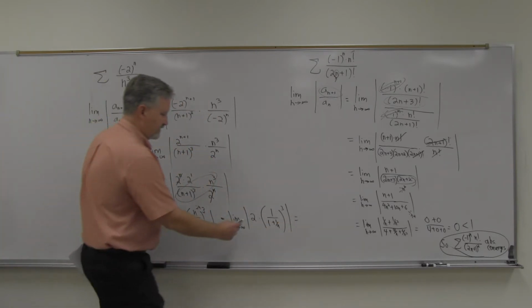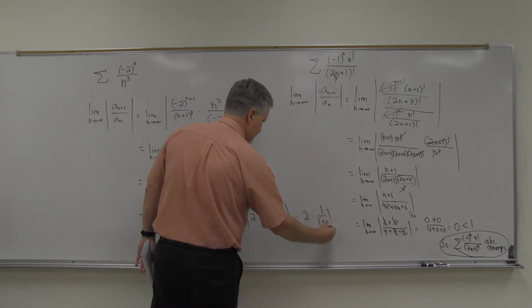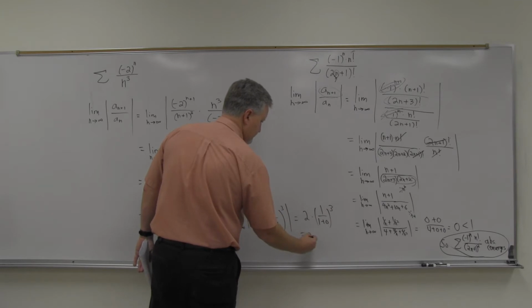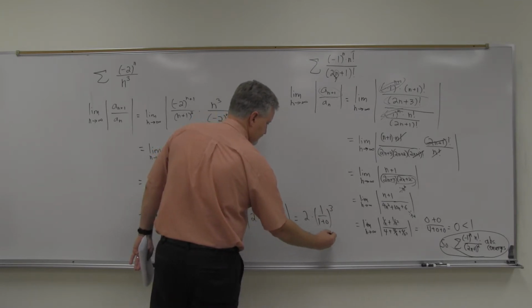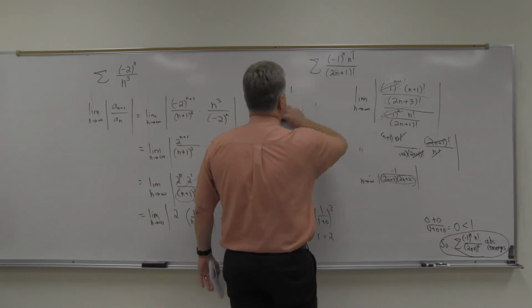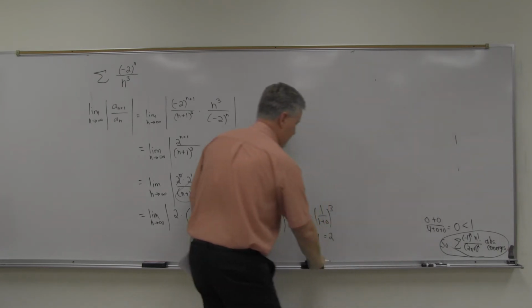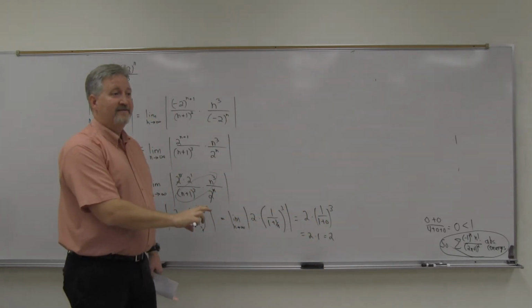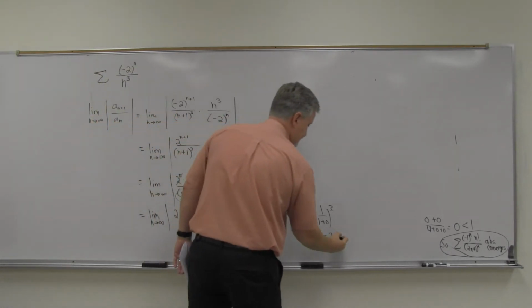which as n goes to infinity, what have we got? 2 times 1 over 1 plus 0 cubed, which is 2 times 1 cubed. It's 2. All right, so what does that mean for this ratio test? It's 2, compared to 1, that's greater than 1.